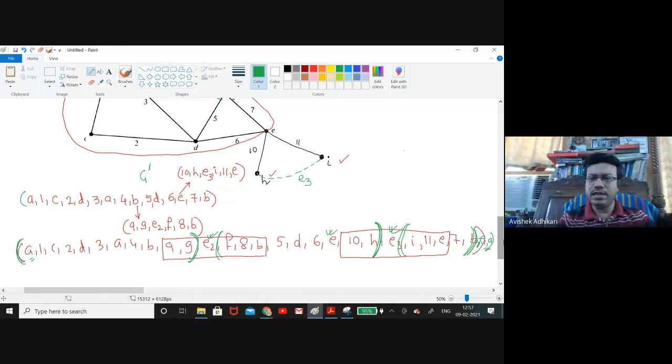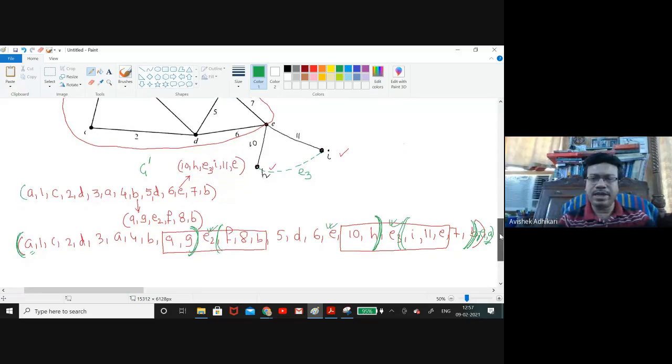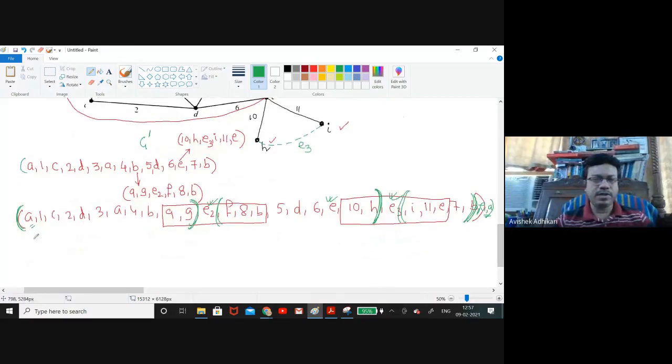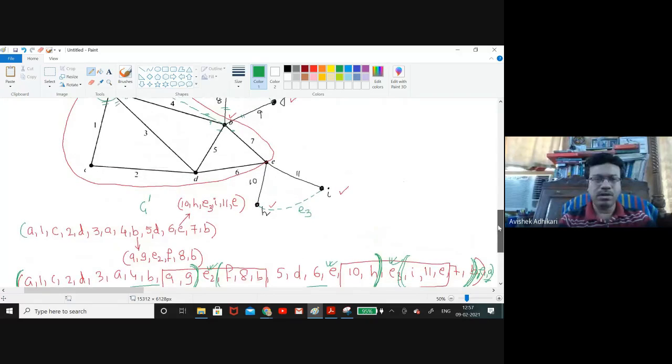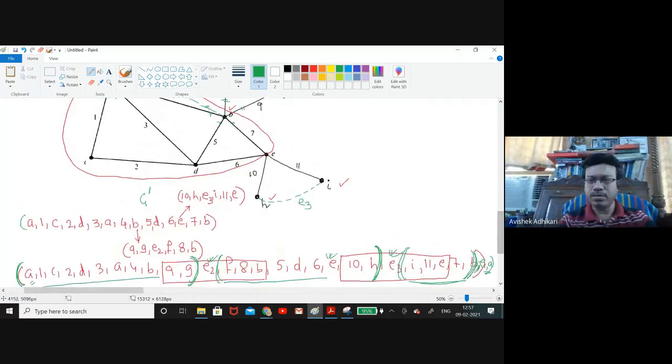So you see that I have taken three parts of it. First one is this one, second one is this one, and third one is this one. So can you see how they look? For example, A2 1, so maybe I'll just reduce it.